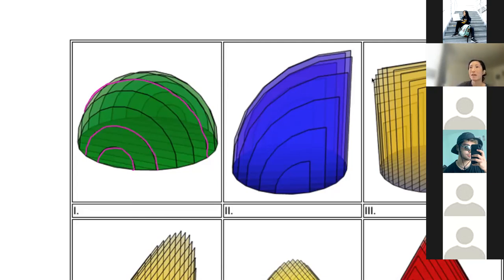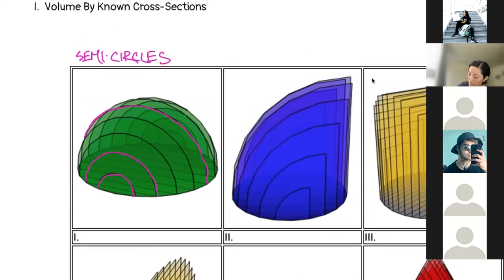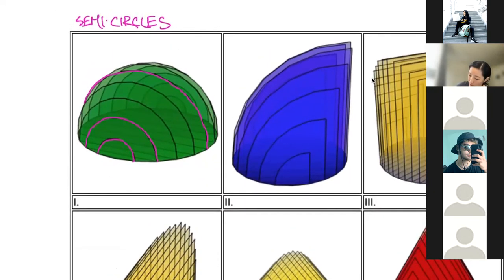So each one of these pink slices are semicircles. Okay. So Josh and David, you are correct. These are semicircles. And I'm wondering if you can tell me what the area formula for a semicircle is.